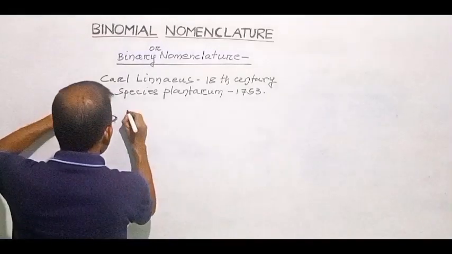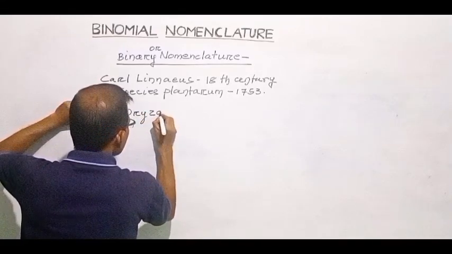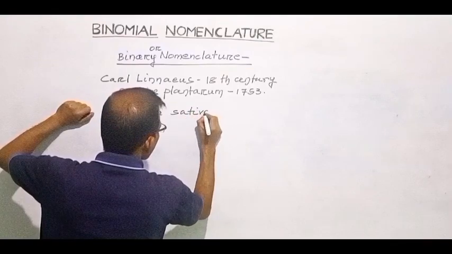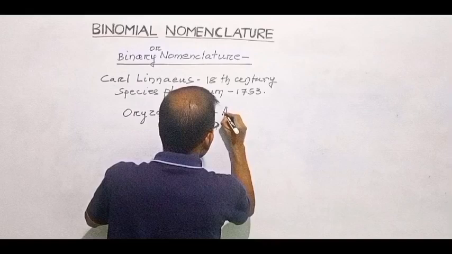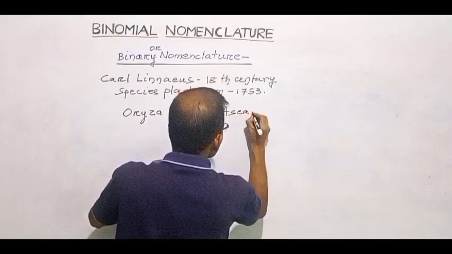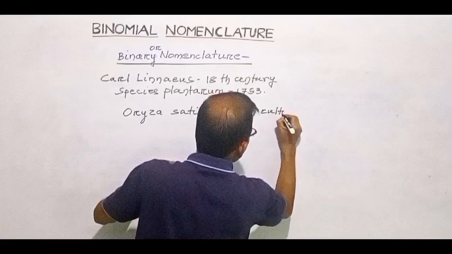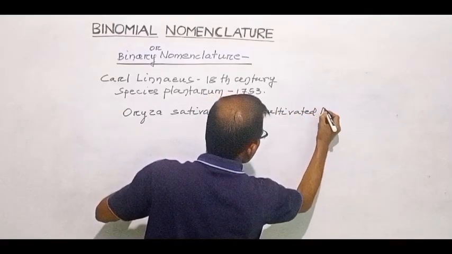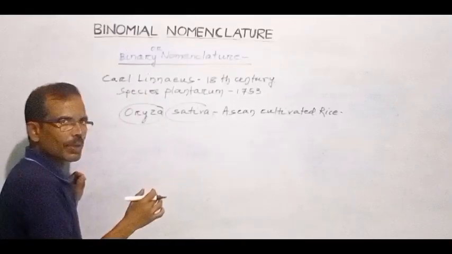Take an example, Oryza sativa. It is the scientific name of the Asian cultivated rice. You can observe that this name is binomial.